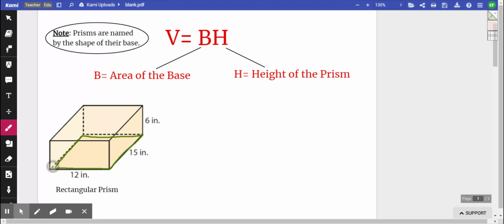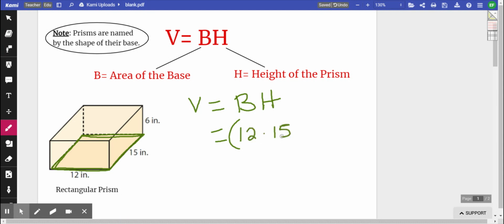I'm going to choose this as my base, in which case I'm going to try to find the area of this rectangle here. Volume is the area of the base times the height of the prism. The area of my base, a rectangle, is found by multiplying 12 by 15, base times height. Then the height, the capital H here, has to do with the height of the prism.